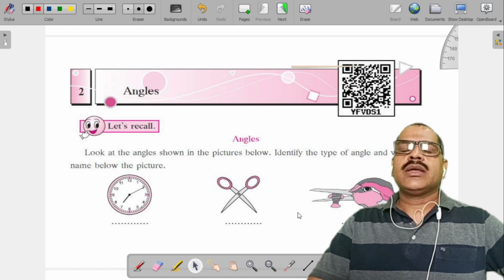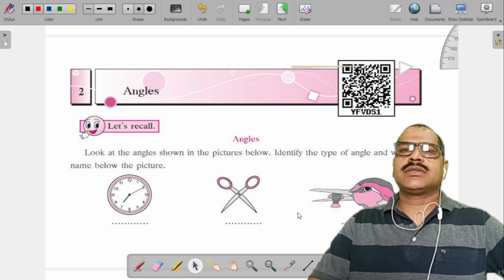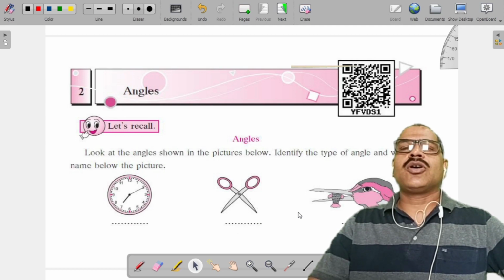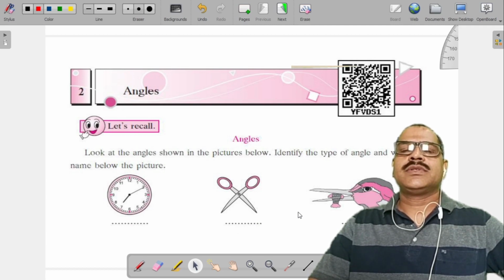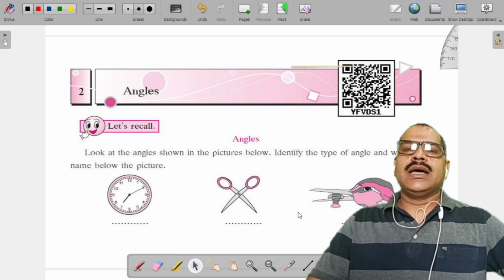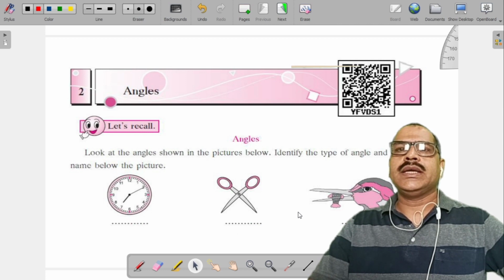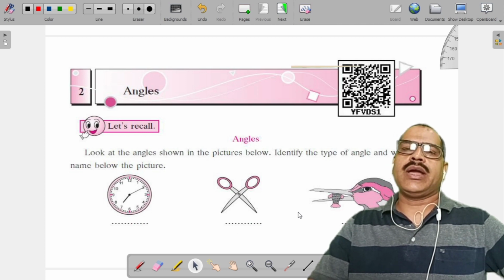So today we remember the types of angles that were studied in 5th class. There are 3 types of angle, out of which the first is the right angle. The angle which has a measure of 90 degrees is called a right angle. Similarly, the angle which has a measure from 0 to 90 degrees is called an acute angle.